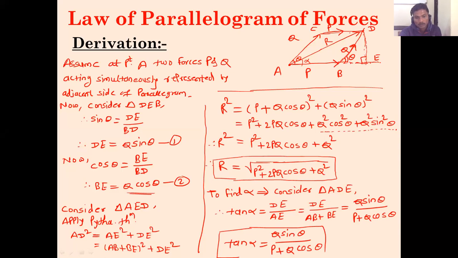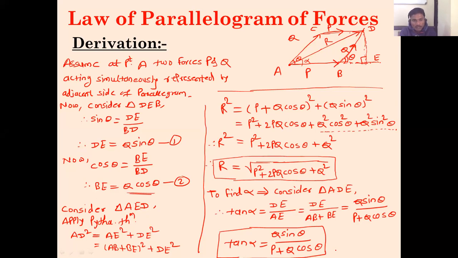So if two forces are acting simultaneously at a point, if the problem falls under this law of parallelogram of forces, you can find the result directly if you know the two forces. You understood? Very simple. As a part of the syllabus we have taken the derivation, but the formula is important.